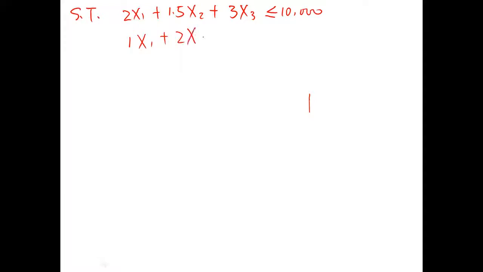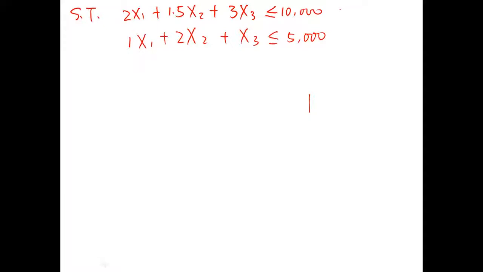Okay, hope you are done. So I'll write this out here. Subject to 2x1 plus 1.5x2 plus 3x3 needs to be less than or equal to 10,000. Then 1x1 plus 2x2 plus x3 needs to be less than or equal to 5,000.